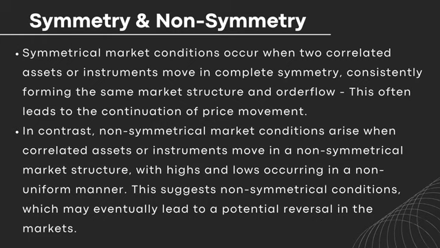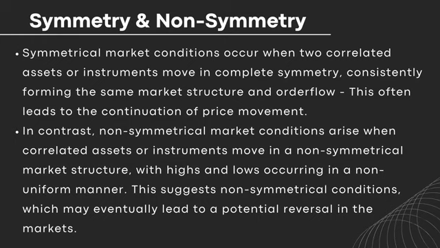Now, as we're using this particular term on our charts, right, in our analysis, the definition for us would be proportionate and balanced similarity between two market structures, right, or two order flows between two correlated assets. The proportion of that similarity or variation will define the type of market structure or condition that we are in, right?